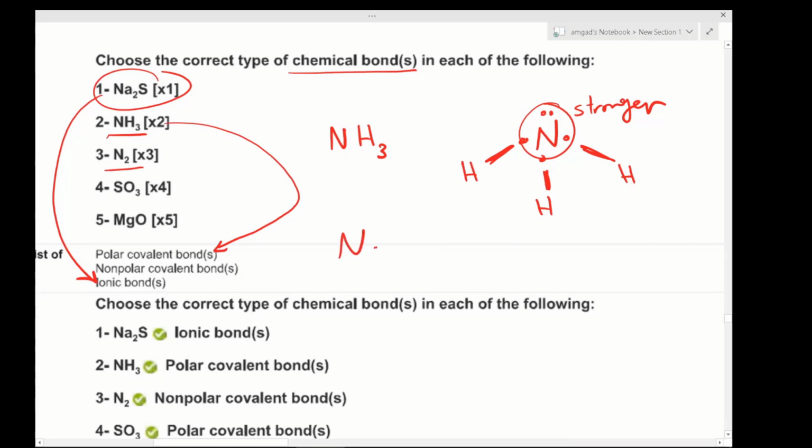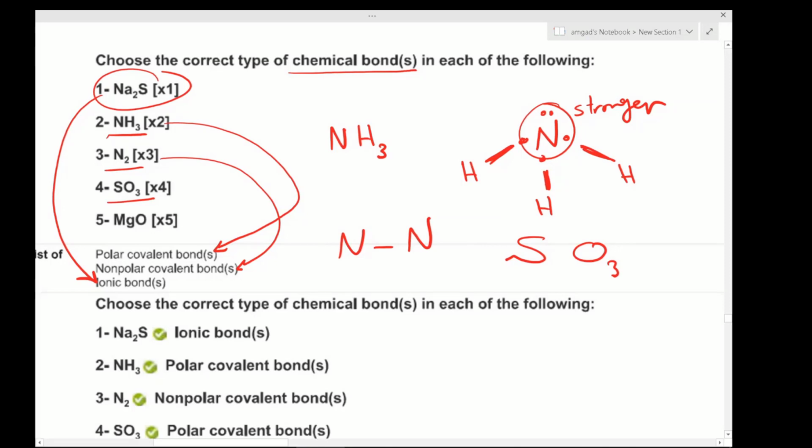N2. Non-polar. SO3, sulfur with oxygen. No, not ionic. Sulfur and oxygen are in the same column. Covalent.